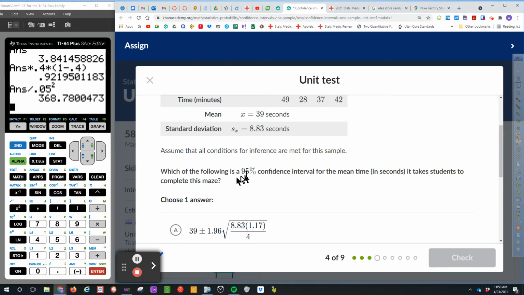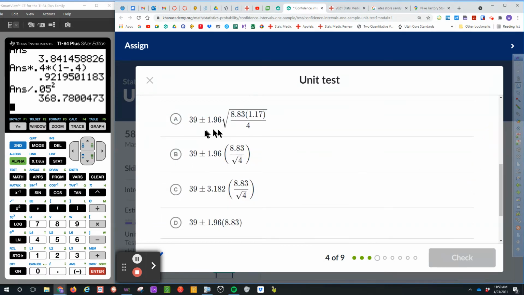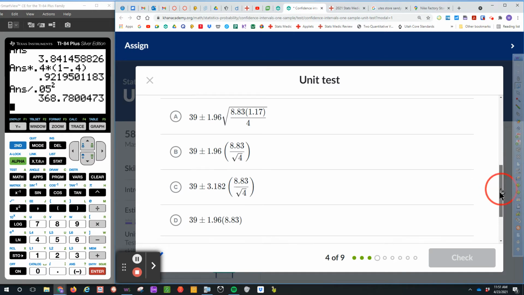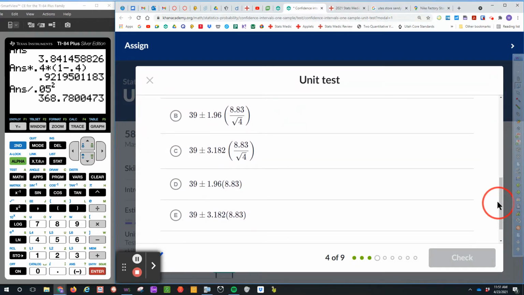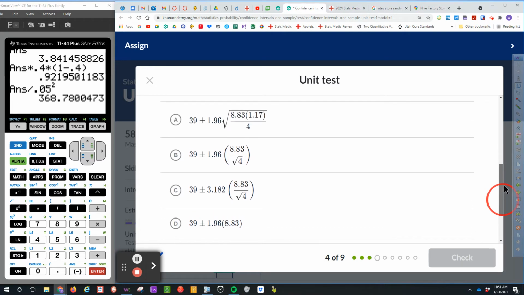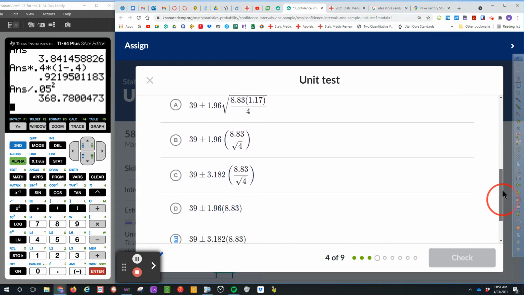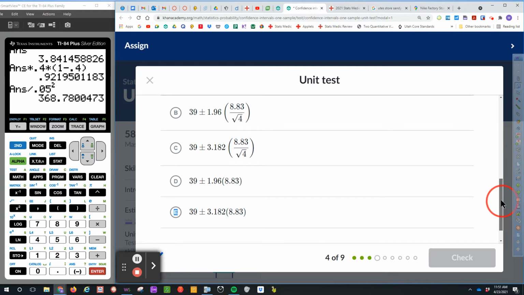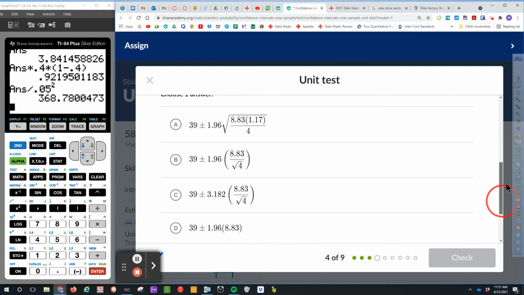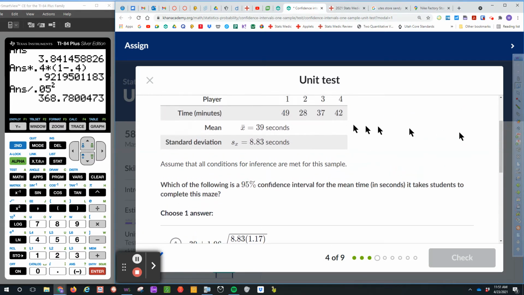So we know that the Z star for a 95% confidence interval is 1.96. So of those options, 1.96, 1.96, 1.96. I know it's not C, and it's not E. So it's either A, B, or D. So what is my mean?